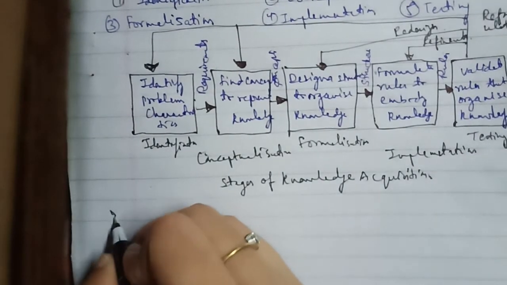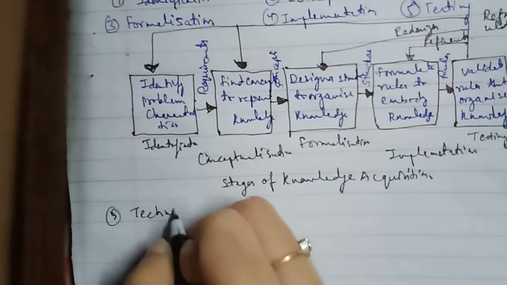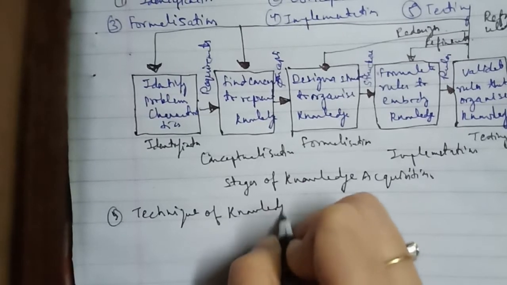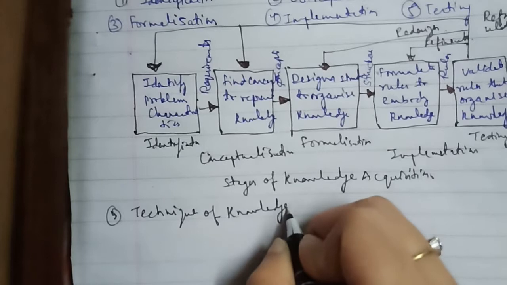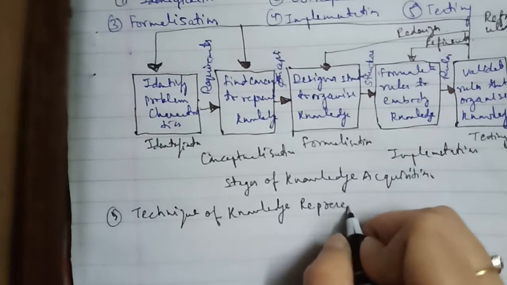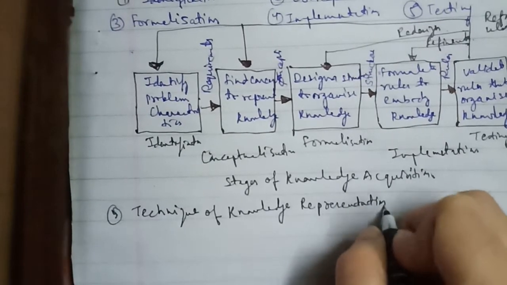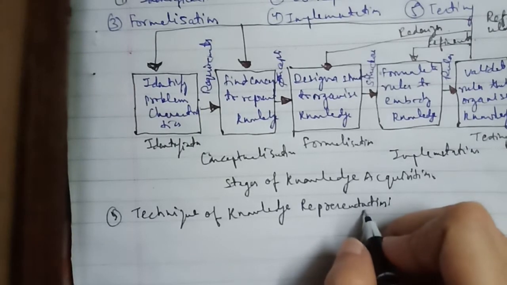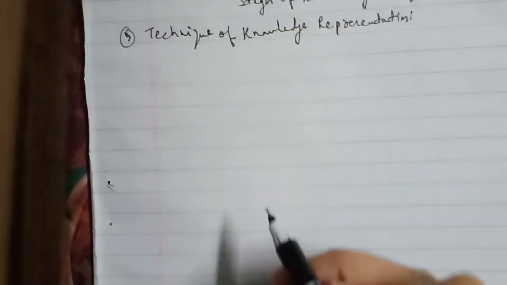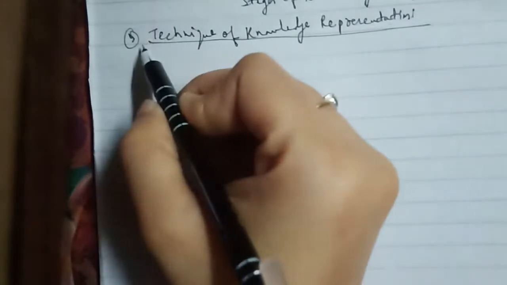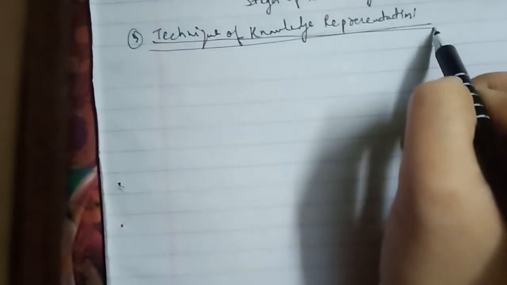So what we have to discuss here is the technique of knowledge representation. That has been divided into four, and that is as follows. In terms of the technique of knowledge representation, the first we have is your logical representation.